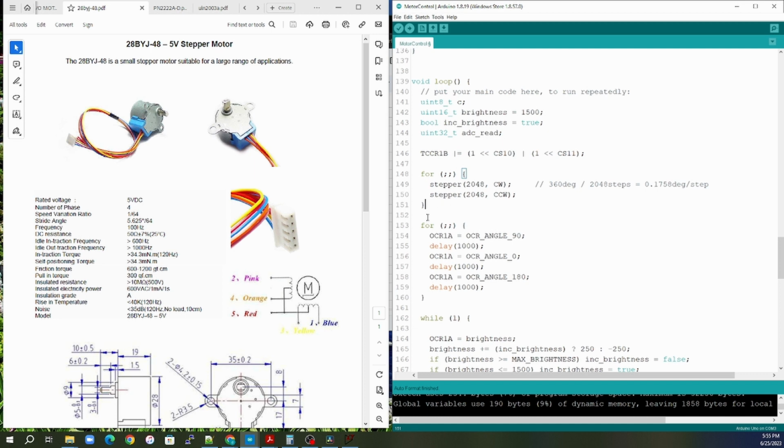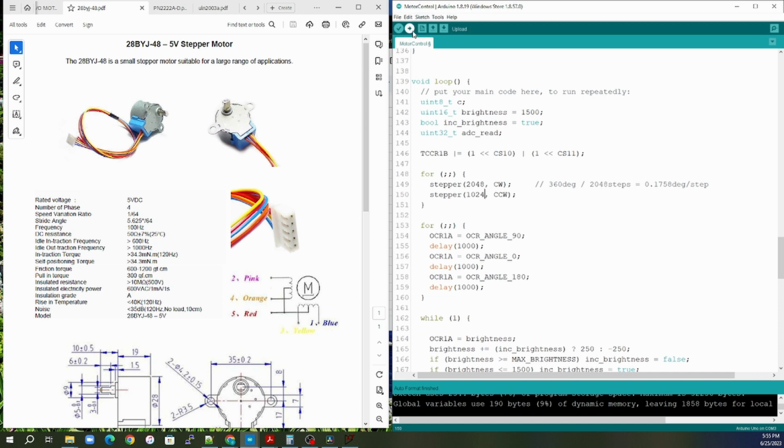So you can see in the code, all I've got going on is I'm going to send the stepper and I'm going to let it step forward 360 degrees in the clockwise position. And then I'm going to go reverse. Let's do 1024. Right, so it'll go 1 full rotation, 360 clockwise, and then it'll do a 180 counterclockwise, and then it'll just keep repeating that over and over again.